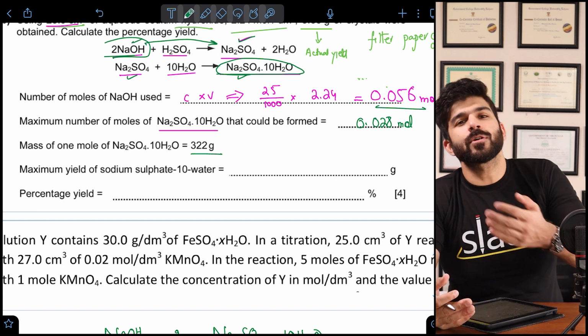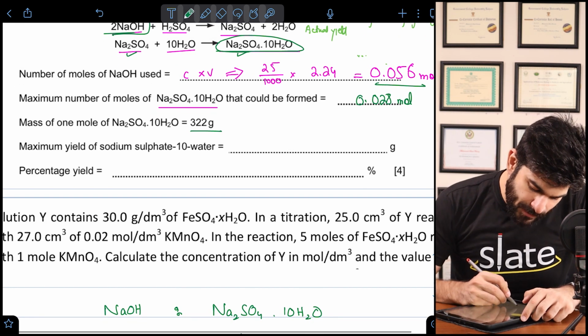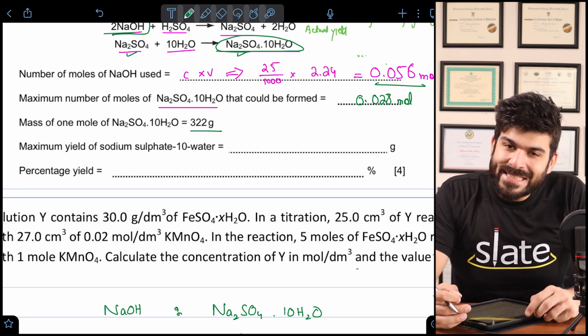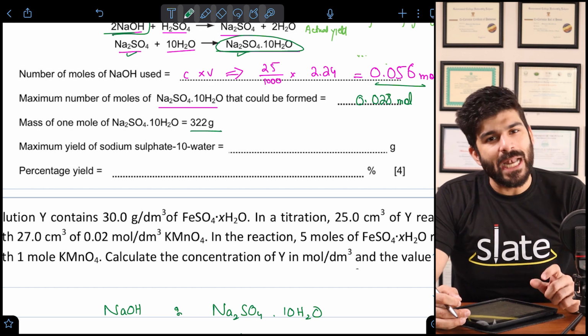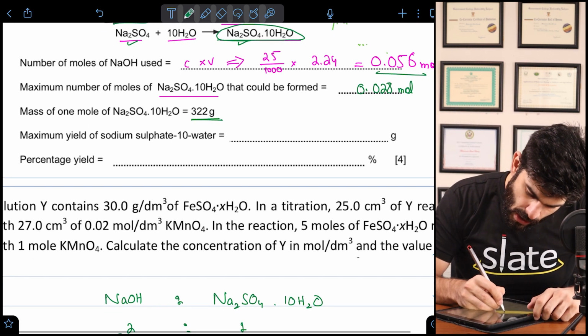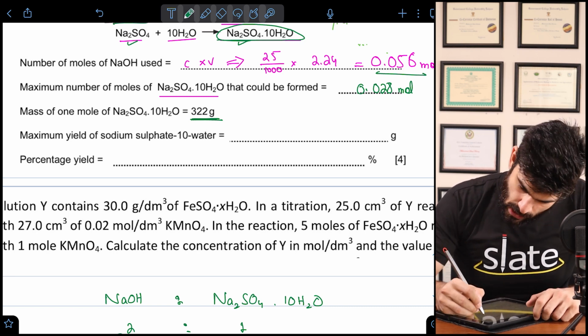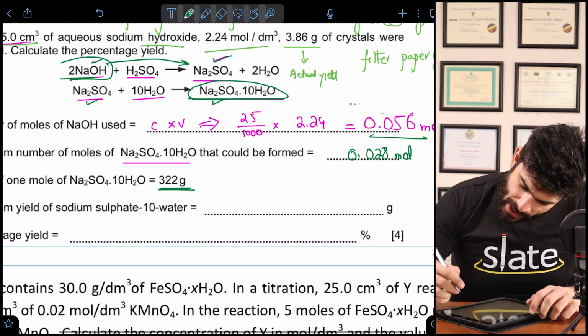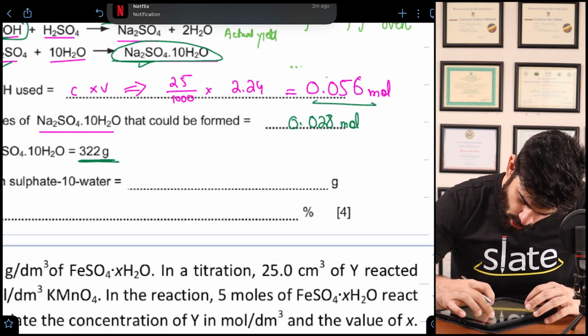So courteous of the examiner that they have already given you the mass. The maximum yield. What was the yield? Yield was the amount of the product. So how do we calculate the mass of the product? We have the molar mass and we have the moles, which is 0.028.